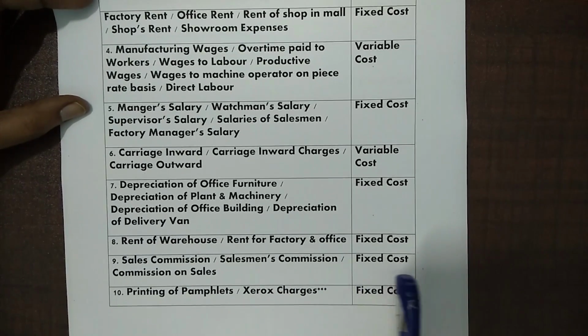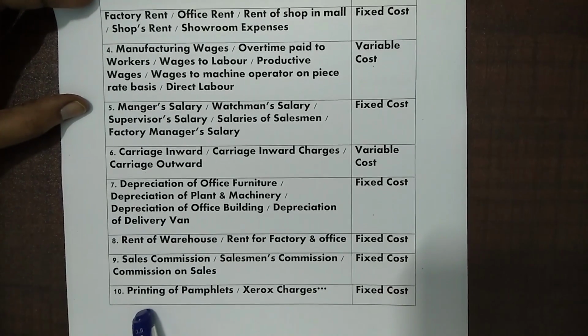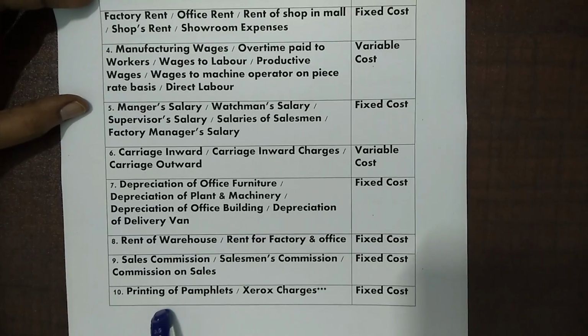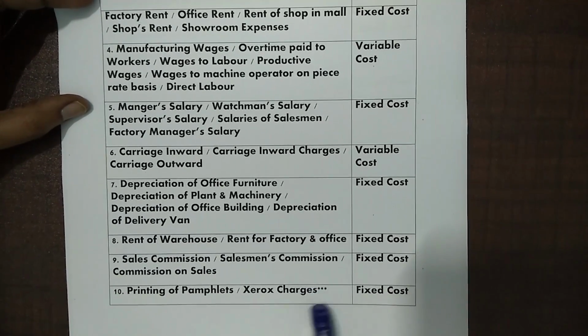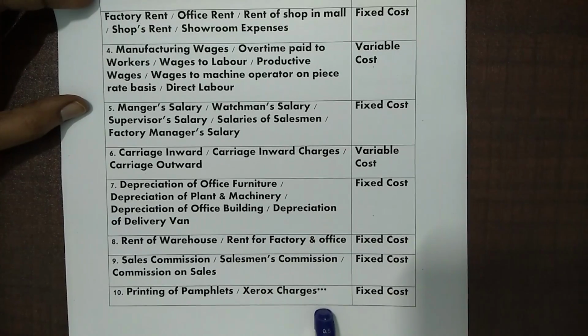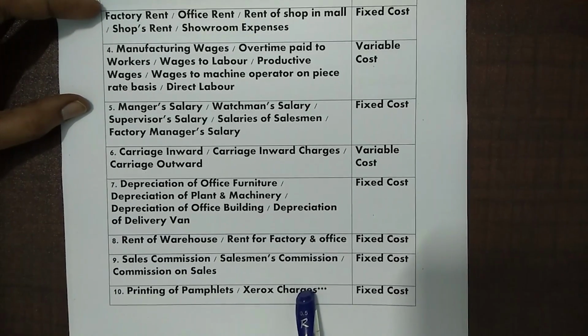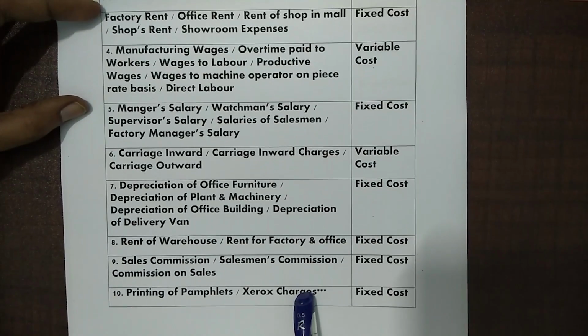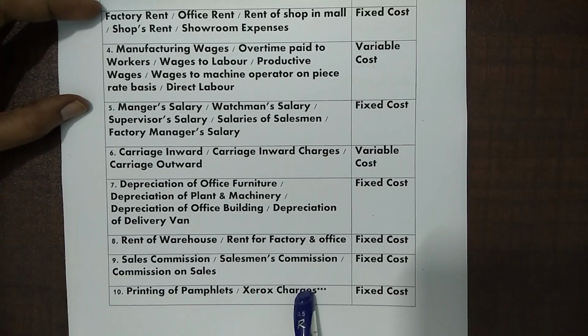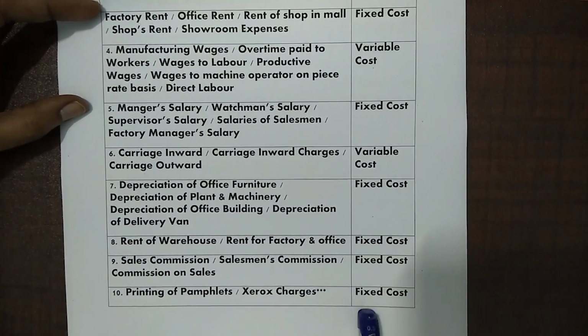Now the next one is printing of pamphlets and Xerox charges. I have put a star mark over here. Please remember, don't think from the individual point of view in case of your financial management. Always assume that you are the owner of the organization and decide whether it will be a fixed cost or a variable cost.